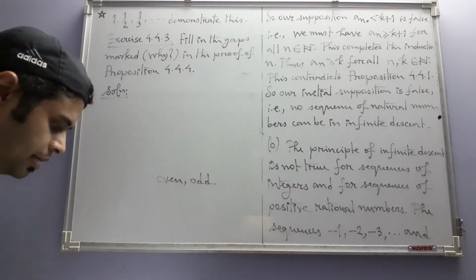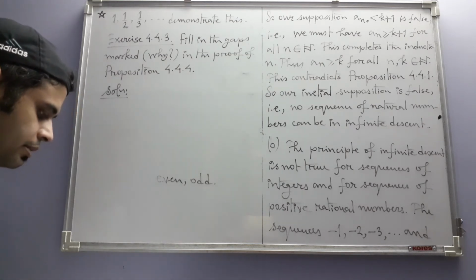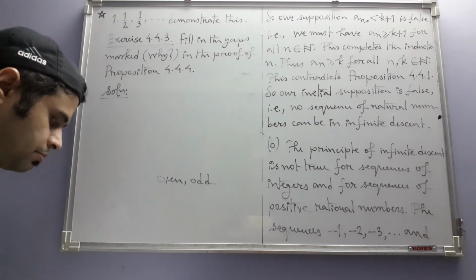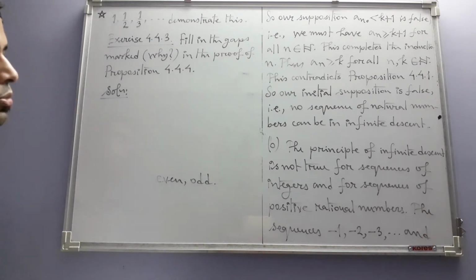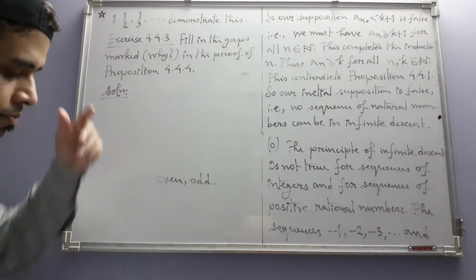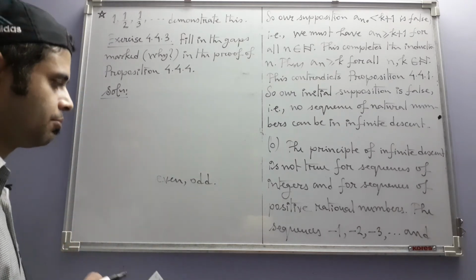I don't think we did this in general for integers, but rather we did this for positive integers in the proposition. Yeah, we needed this only for positive integers.